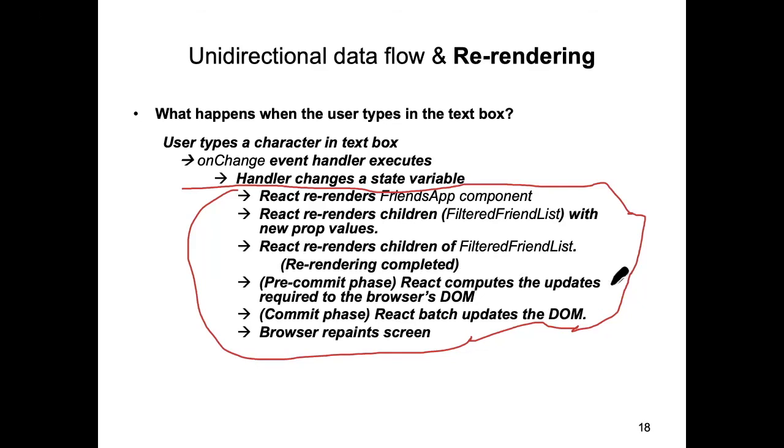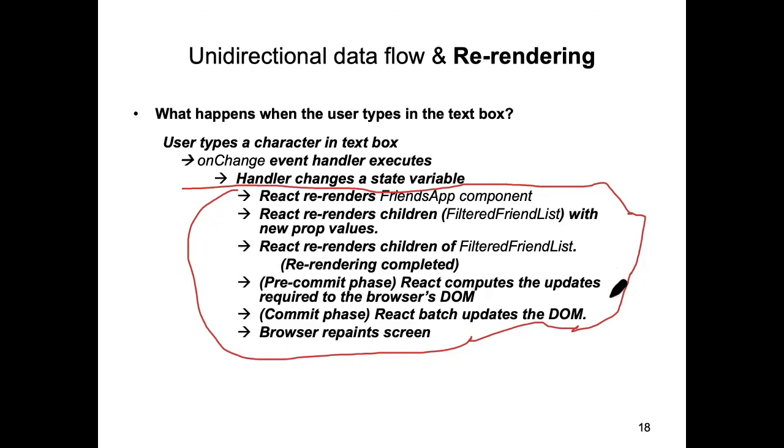It computes the difference between what the current state of the DOM is and what changes it needs to carry out to the DOM as a result of all the re-rendering, because some of the re-rendering may have caused certain components to change, or it may have caused certain components to be unmounted from the DOM or even remounted onto the DOM.